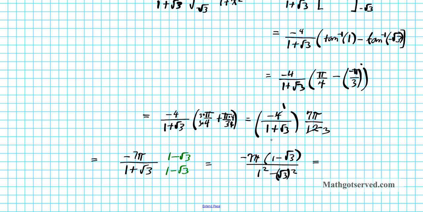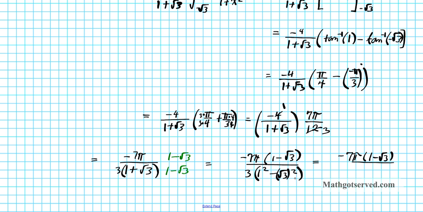Oh yeah, we had a 3. Let's not forget that. There's a 3 down here, so I have a 3, and then we still have to retain that 3. In the numerator, I have negative 7 pi times 1 minus root 3. And in the denominator, let's see what we get. 1 minus root 3 squared is just 3, right?